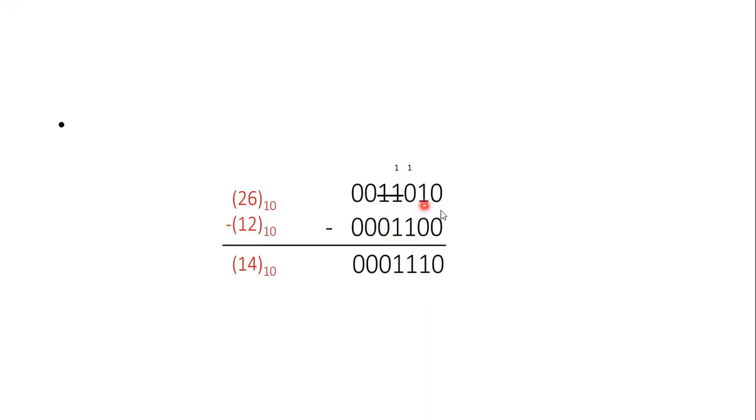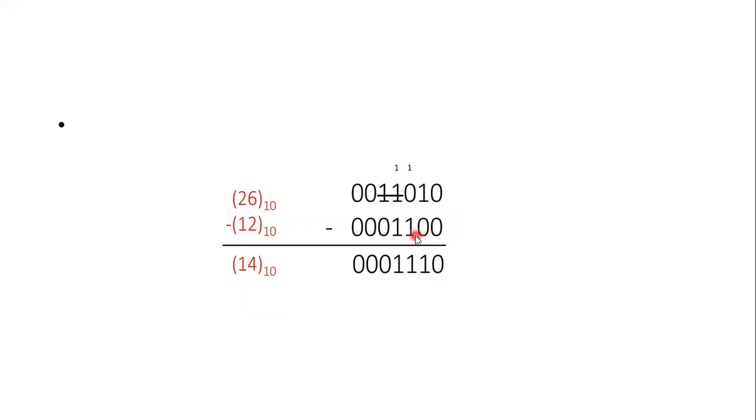Let me take another example. 11110 minus 1101, that is, this is equivalent to 26 minus 12. The result is 14. Now we perform the subtraction. 0 minus 0 is 0. 1 minus 0 is 1.